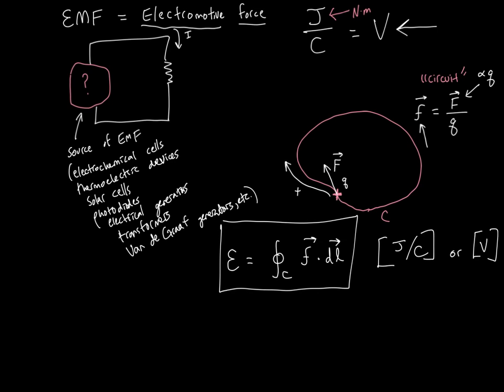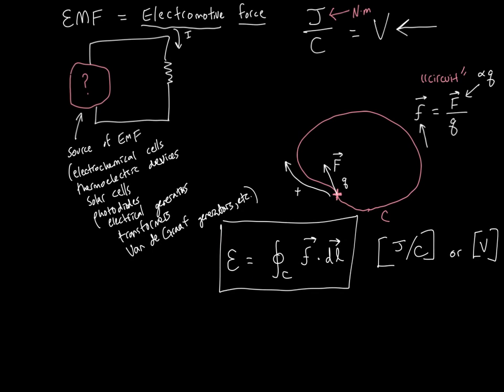The EMF of our circuit C at some time t is the line integral of little f, which is the force per charge, along our path C, taken in the positive sense of C, so taken in the direction that we defined to be positive.